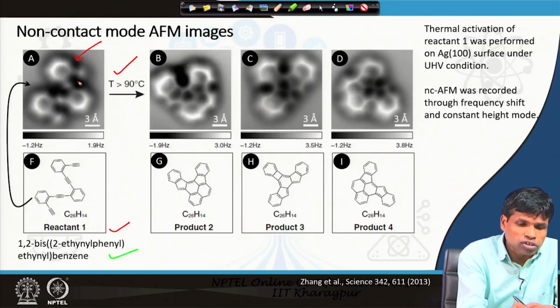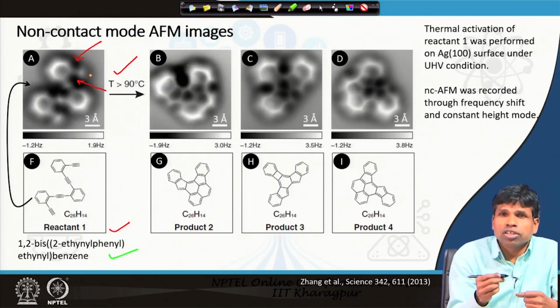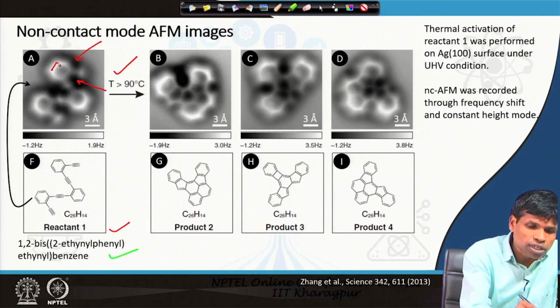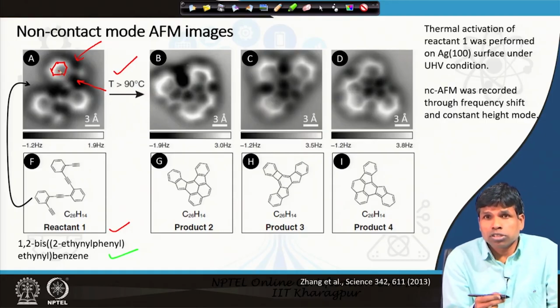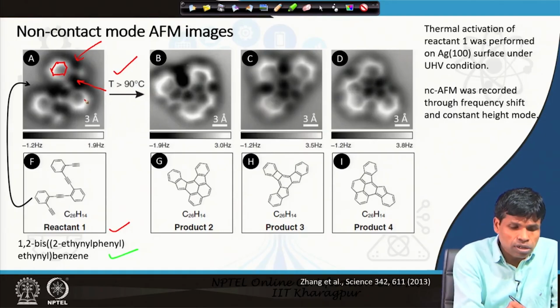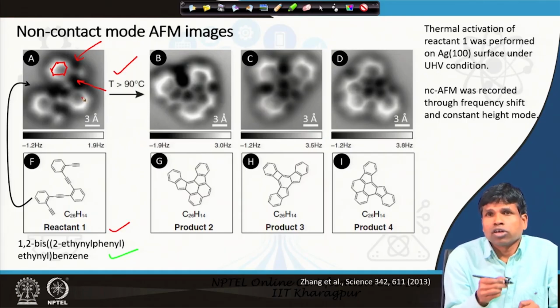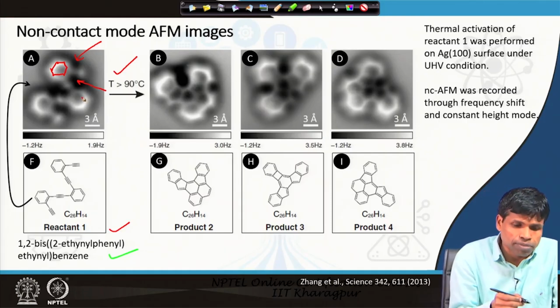The brighter region is due to the repulsion of atoms in the organic molecules and the atoms at the AFM tip.